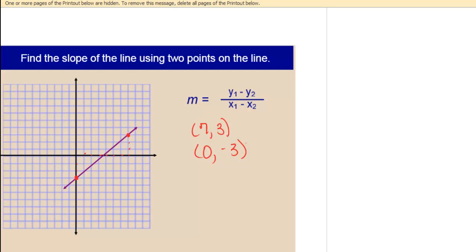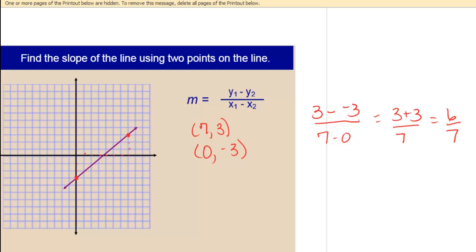So if we are to check the slope using our slope formula, we would find we have 3 minus negative 3 in the numerator over 7 minus 0 in the denominator. So 3 plus 3 over 7 is 6/7.